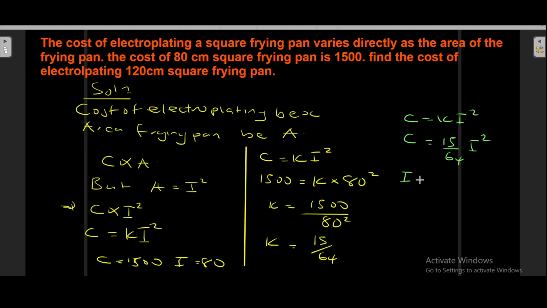In this case, if my I is equal to 120, therefore I can find C. Therefore, C here is 15 out of 64 times 120 squared. If I simplify this one here, it will give me my C as 3,375. Therefore, the amount of money needed in shillings to electroplate a 120 centimeter frying pan is 3,375 shillings.